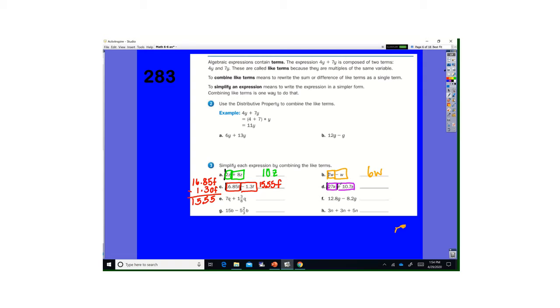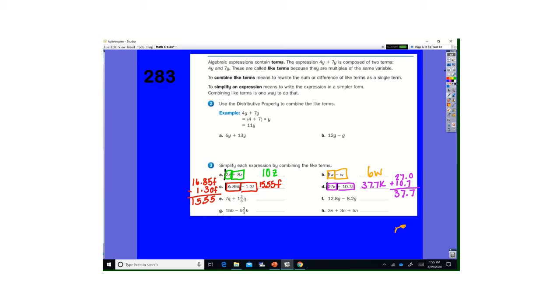Notice how I'm always bringing the sign with it. So we have 27k plus 10 and 7 tenths k. Notice I line up that decimal. With 27, there's really a decimal after it, we just don't need to show it. We're adding that up, bring our decimal straight down. We get 37 and 7 tenths k.